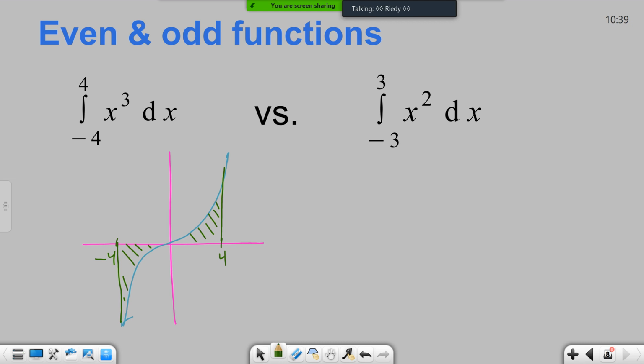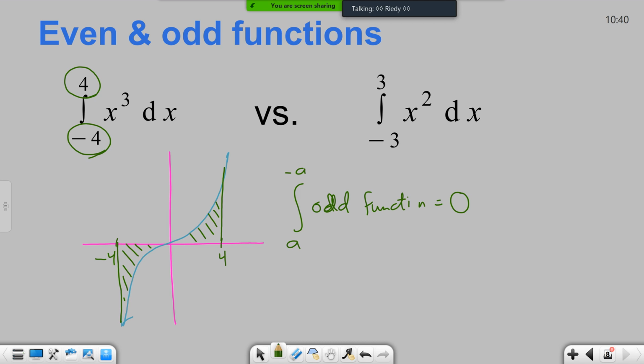Now notice, the lower limit of integration is the opposite of the upper limit of integration. If it's an odd function, and we're going from a to negative a, your answer will always be 0. In other words, the integral from a to negative a of an odd function will equal 0.